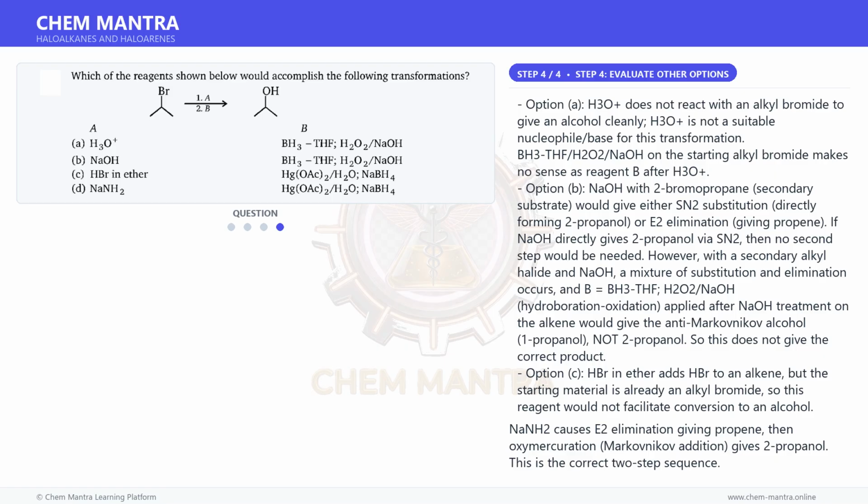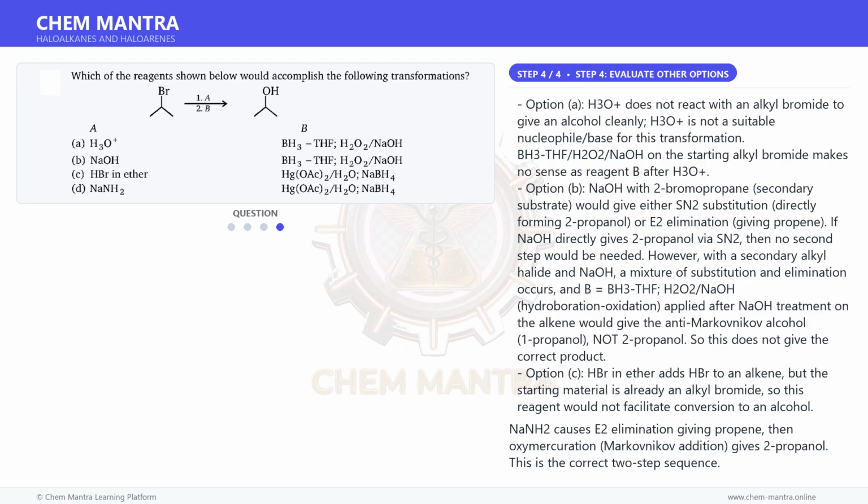Option B. NaOH with 2-bromopropane, a secondary substrate, would give either SN2 substitution, directly forming 2-propanol, or E2 elimination, giving propene. If NaOH directly gives 2-propanol via SN2, then no second step would be needed.